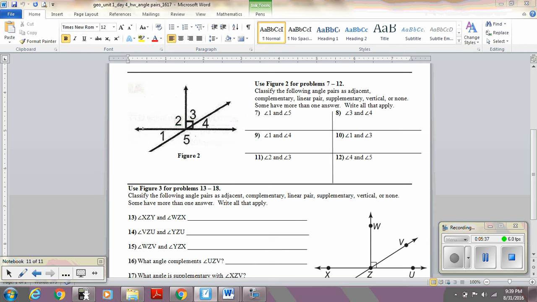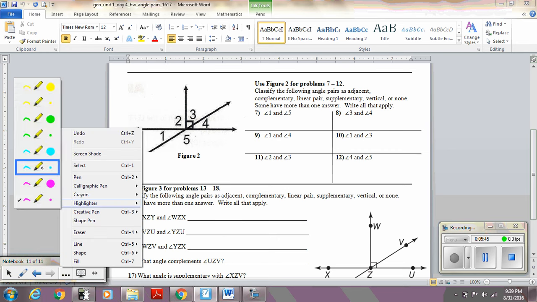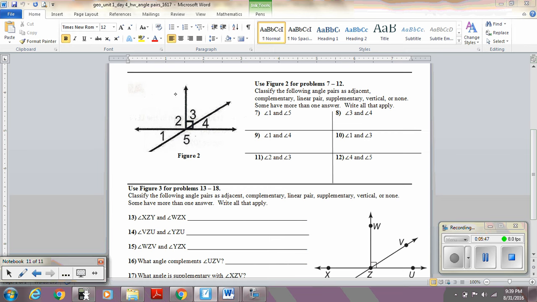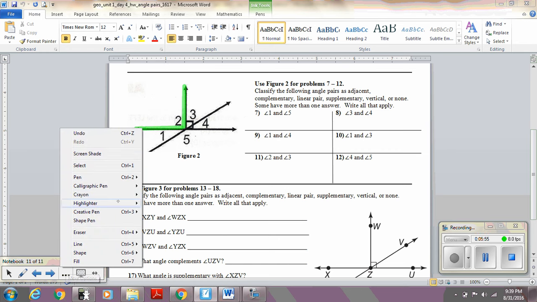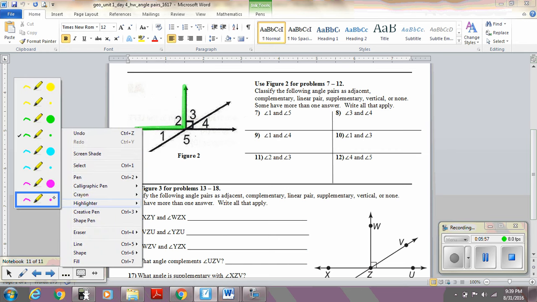And number 11, we're going to focus our attention on angles 2 and 3. Here's angle 2. Here's angle 3.